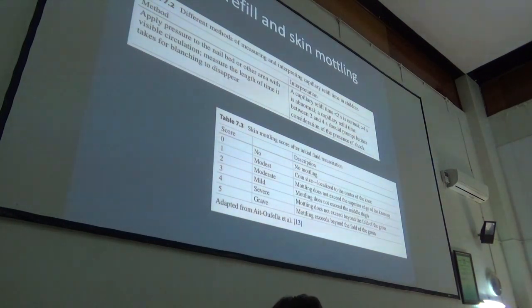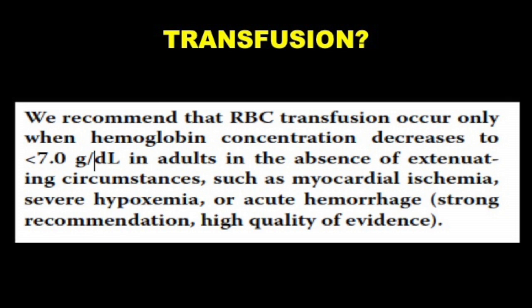In terms of transfusion, the guideline's pretty simple. This is from Surviving Sepsis, again. We know this, right? RBC transfusion will occur only if the hemoglobin is under 70, in the absence of circumstances such as severe hypoxemia, acute hemorrhage, myocardial ischemia, or maybe hemolysis, right?